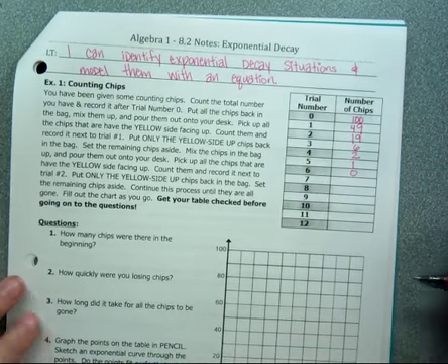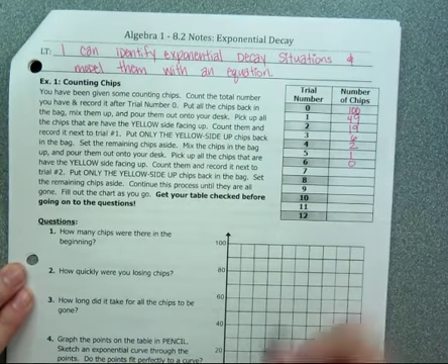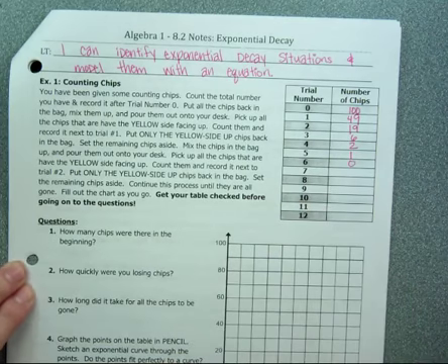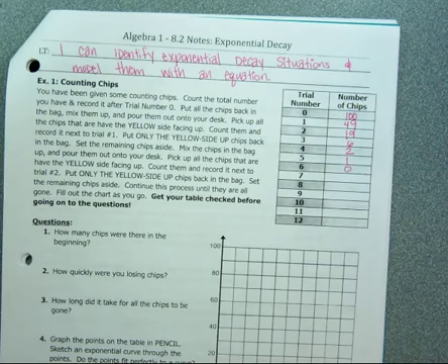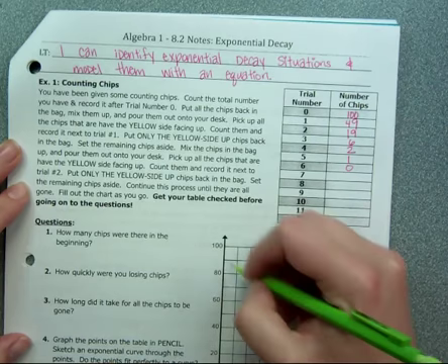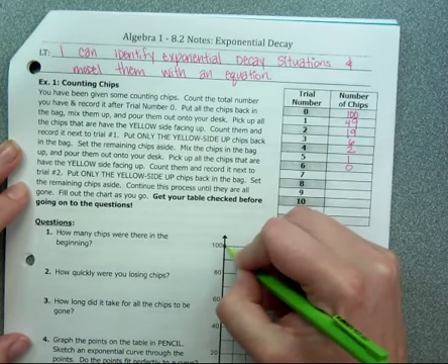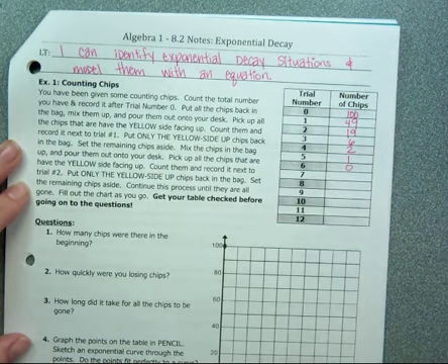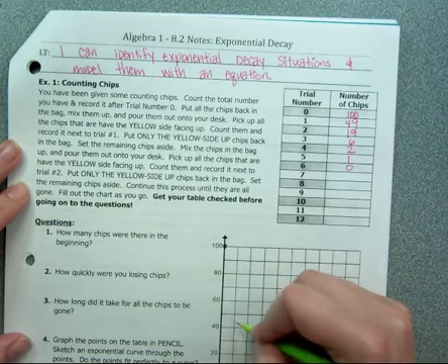Alright, so let's plot these points. 0, 100. And I think it says to do it in pencil. So I'm going to switch over, and I'm going to do this in pencil. 0, 100. Alright. 1, 49.